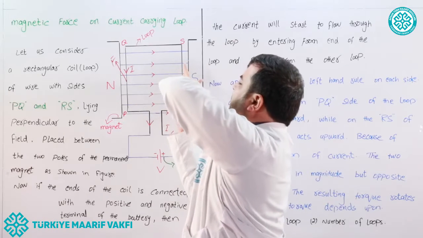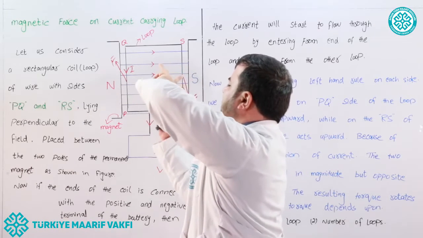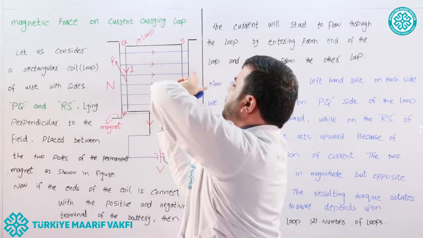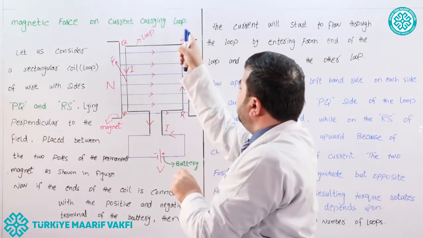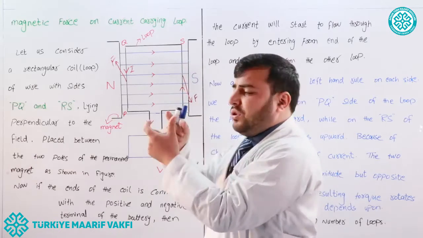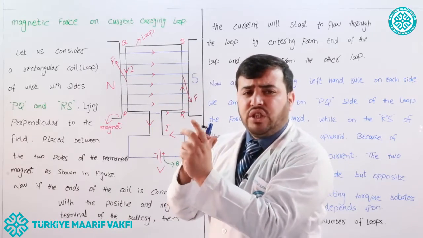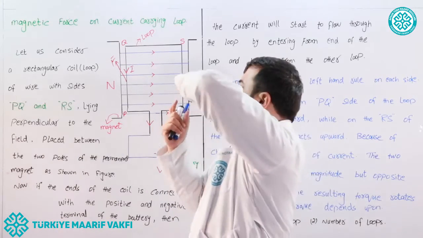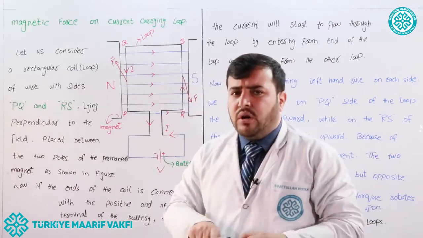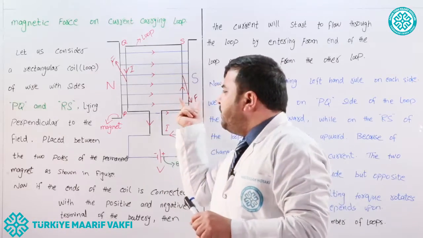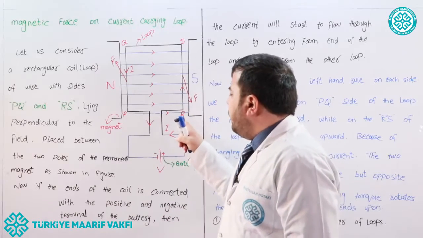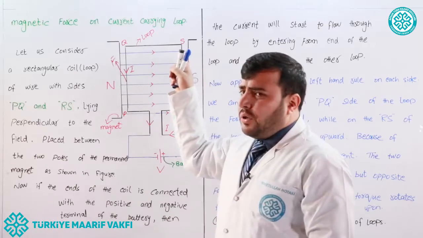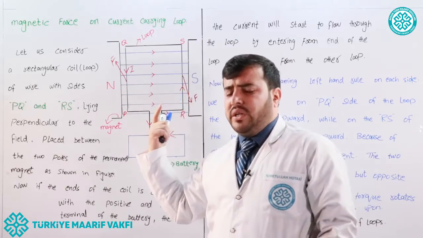You can see that the field lines are from north to south, from left to right, and the current is from down to up. So the thumb will indicate the direction of the force, which is inward to the screen or inward to the page. So when the current flows from down to upward, the force will be inward.